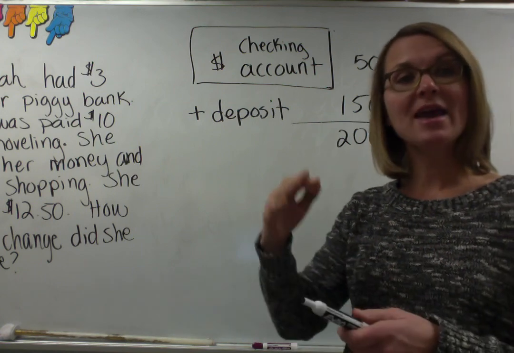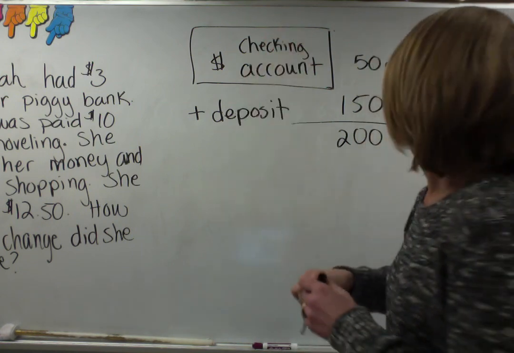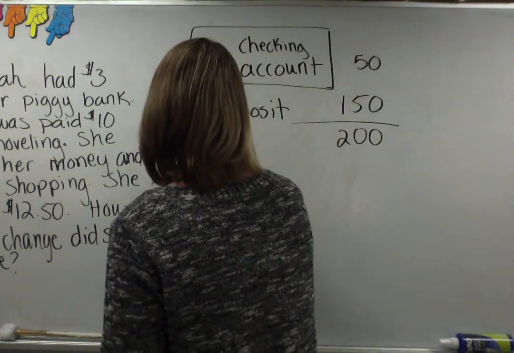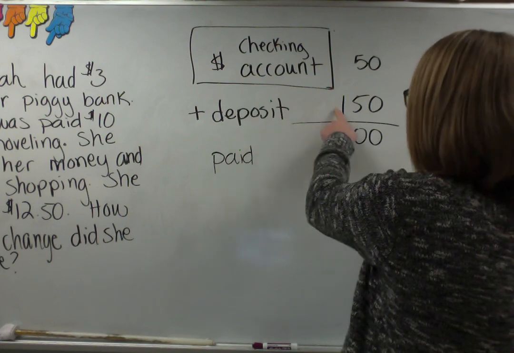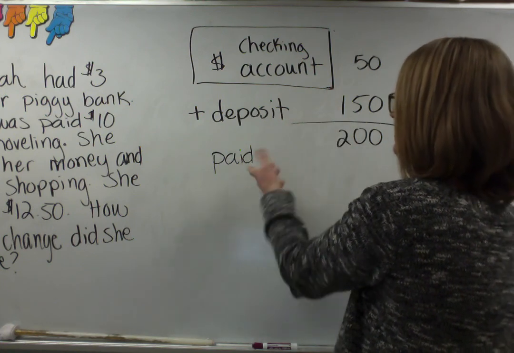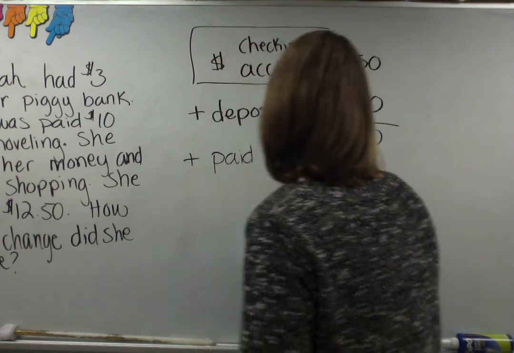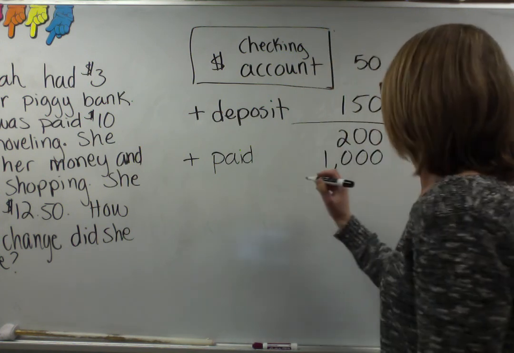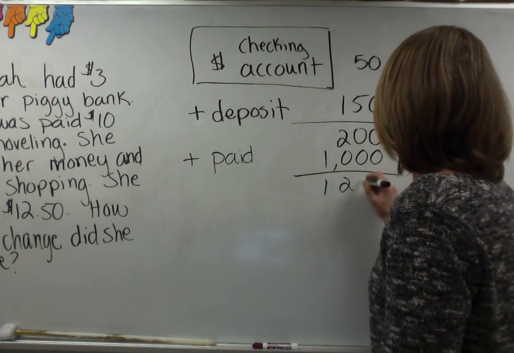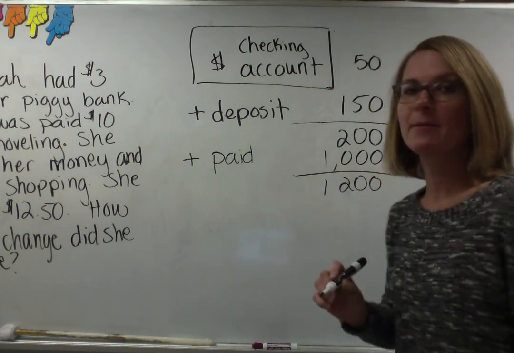So if I get paid, the amount of money I have is going to go up. So being paid is an increase. So maybe this deposit, somebody owed me some money, or whatever the case may be. Now let's say I get paid and I get, let's say I get $1,000, okay? So I get paid, now I have $1,200 in my checking account, okay?